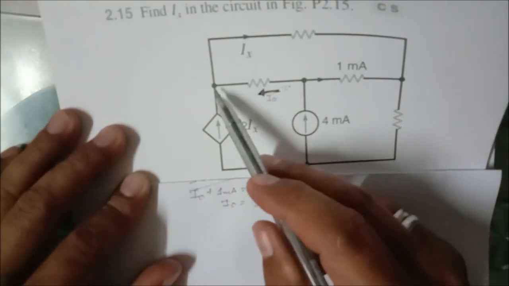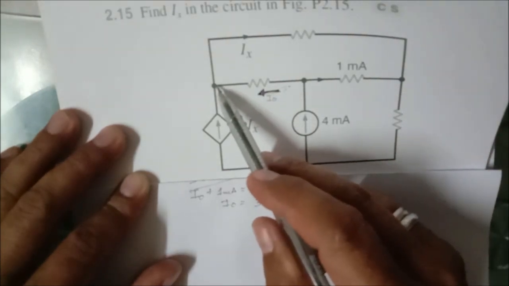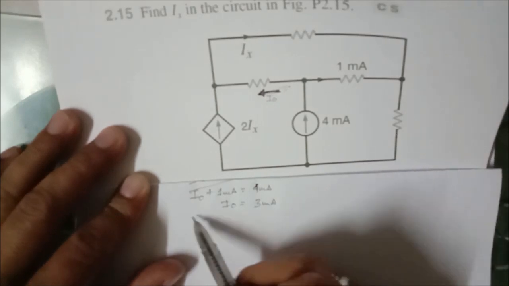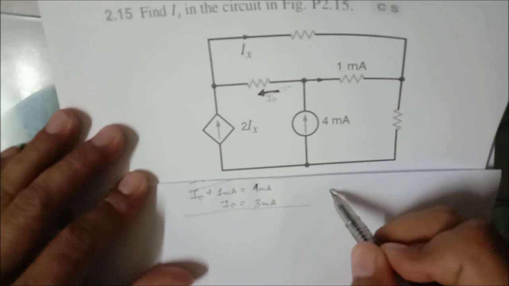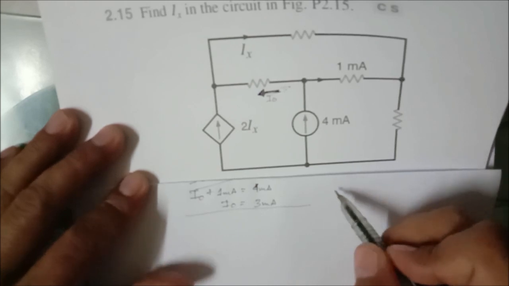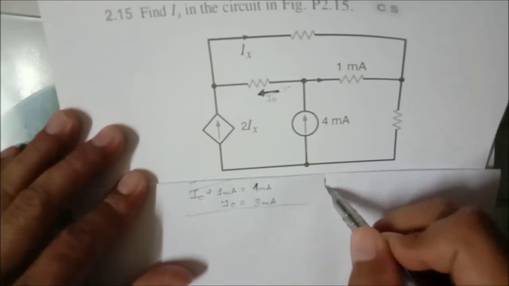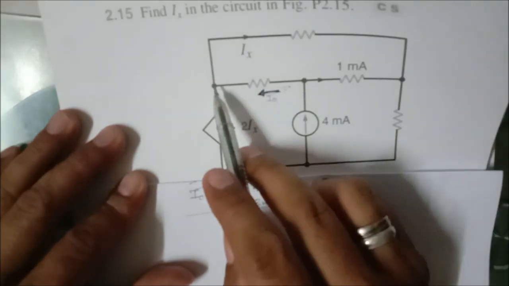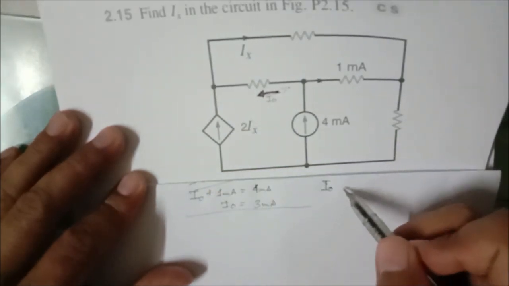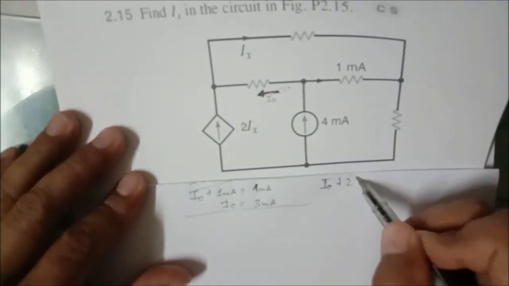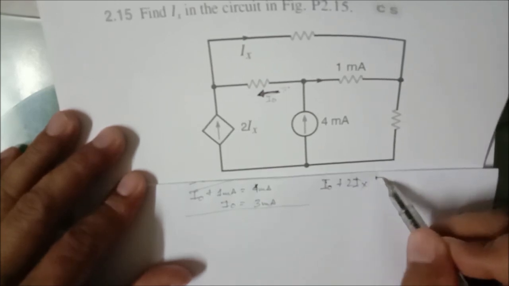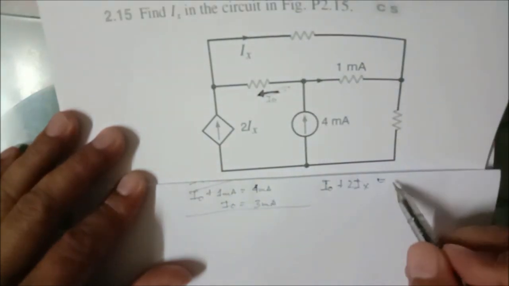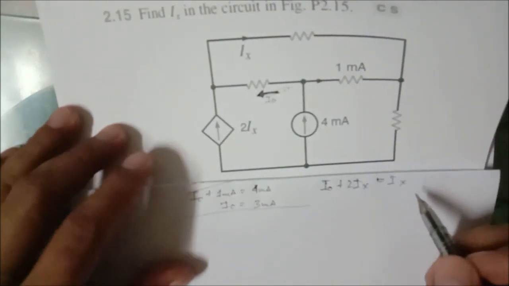Dito, makakompute na natin to using this node. Hindi na natin lalagyan ng pangalan yung mga node, ano? Kasi, para hindi na tayo malito. Kita naman sa tinuturo ko naman, ano? Ibig sabihin, at node nito, I sub o plus 2ix is equivalent to lumabas ix. Okay?